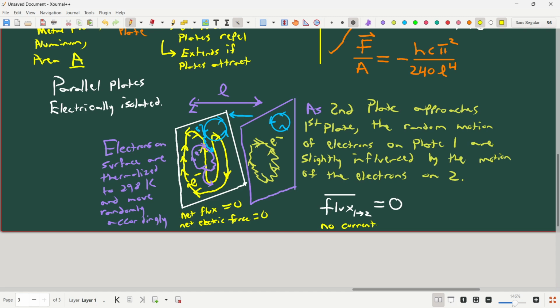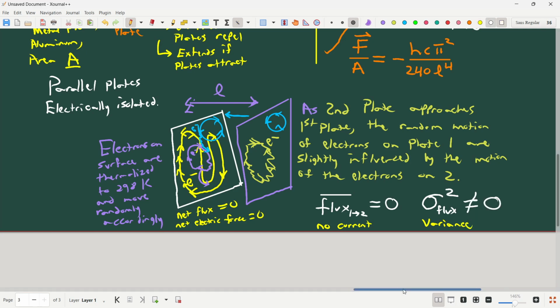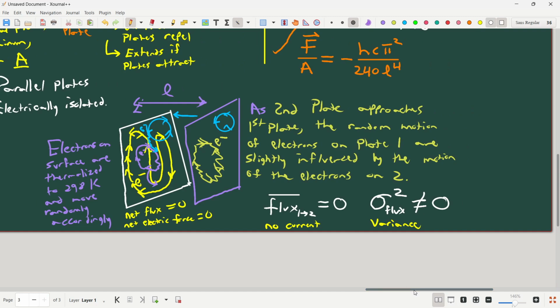So when you look at the statistics, the average of the flux is equal to 0, but the standard deviation of the flux, the variance of the flux, is not equal to 0. So on average, there's no electron transfer between the two plates, but there are occasional fluctuations in the randomness that cause a really quick instantaneous voltage.